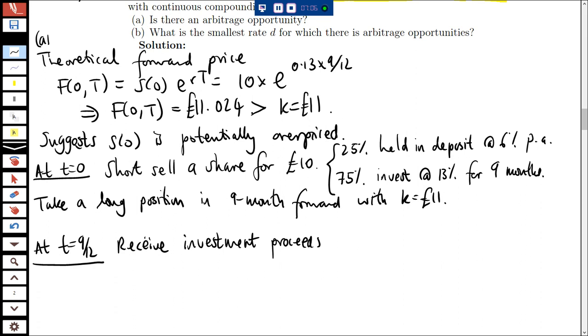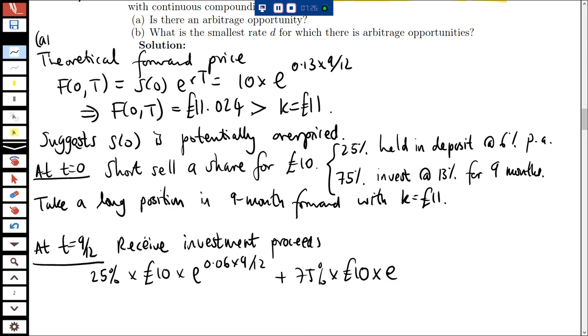So we have 25% held of the £10, compounding at 6% continuously for 9 months, and the 75% of the £10 compounding at the higher rate of 13%, and that again is for 9 months.